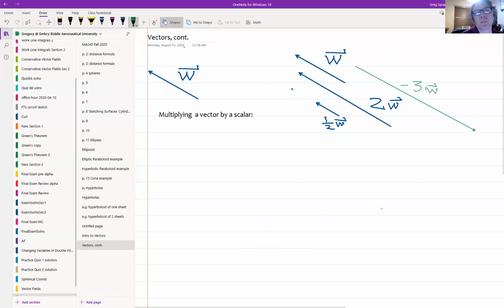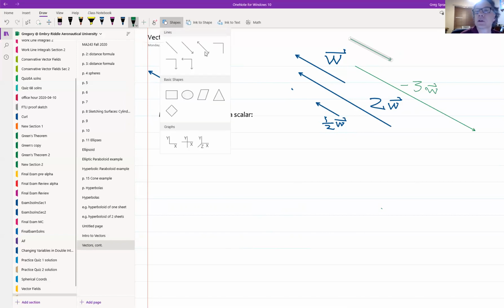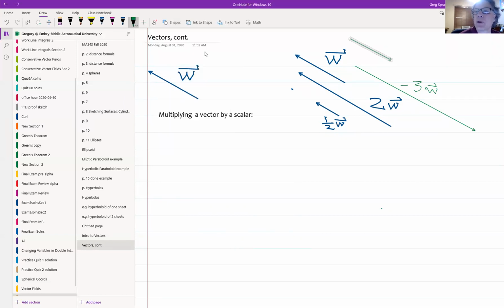I'll try negative W. That should have the same length as W. Finally, 0 times W. If you multiply any vector by the 0 scalar, you get the 0 vector.